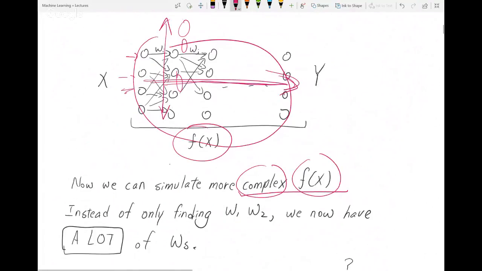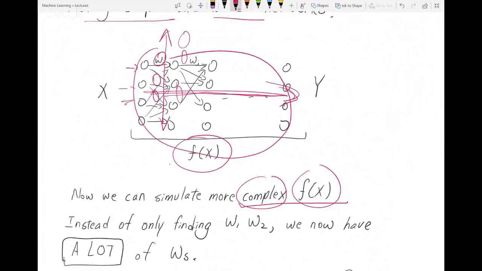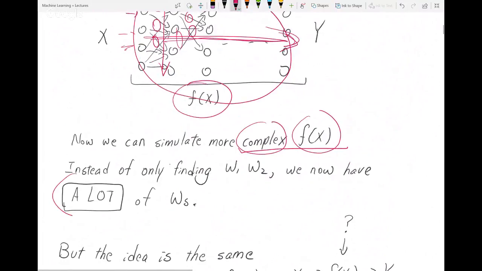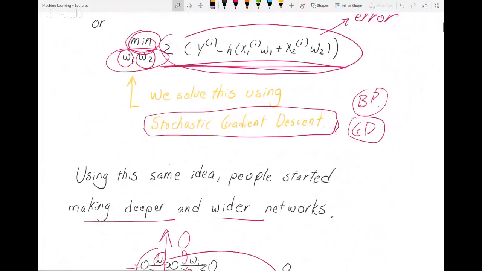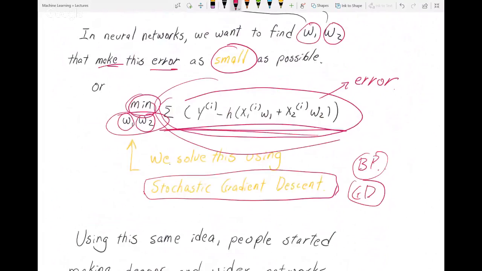Of course, now there are lots of W's, lots of weights, not only the 2 that I just showed you. Now we have to solve for a lot of them. But the idea is the same. It's a slightly more complicated and larger equation, but we can essentially use gradient descent and backpropagation to solve this.